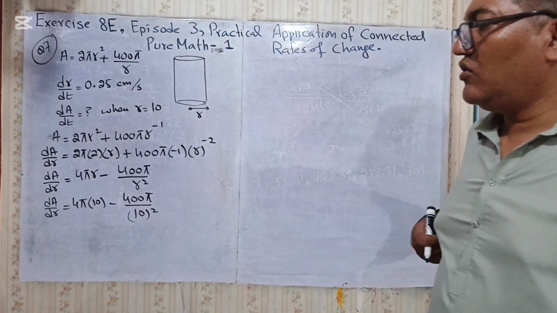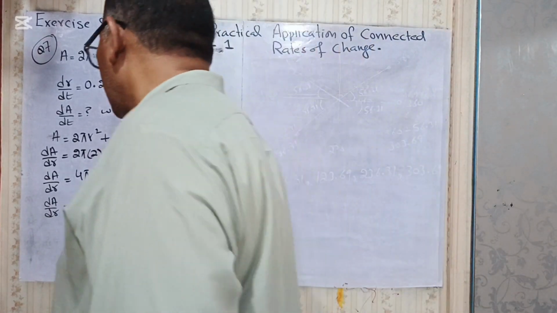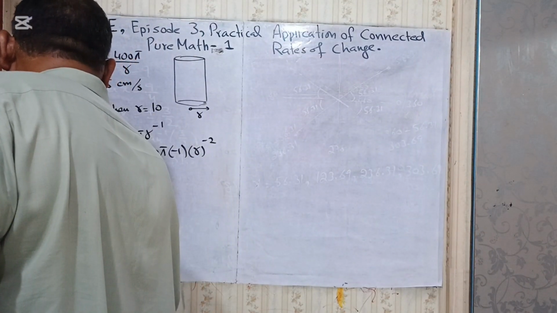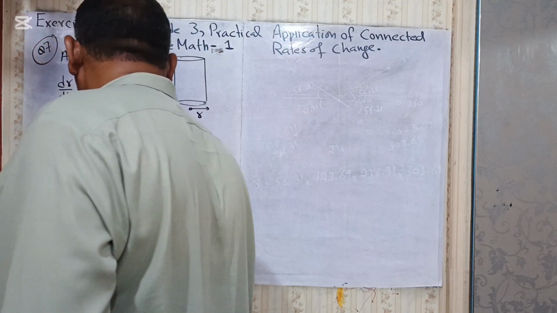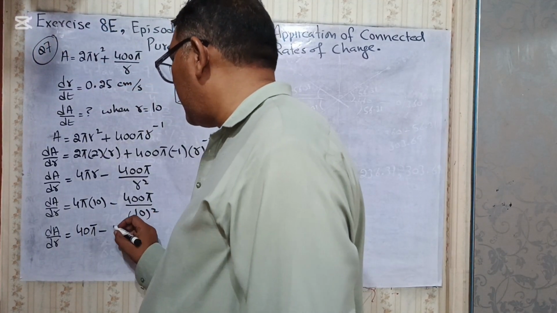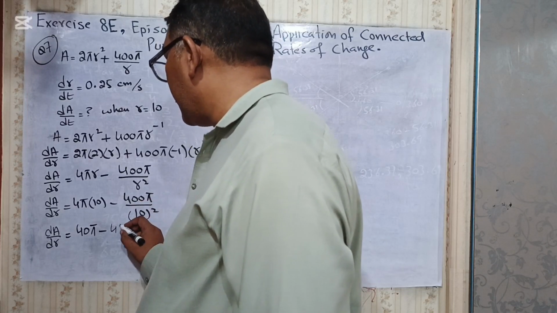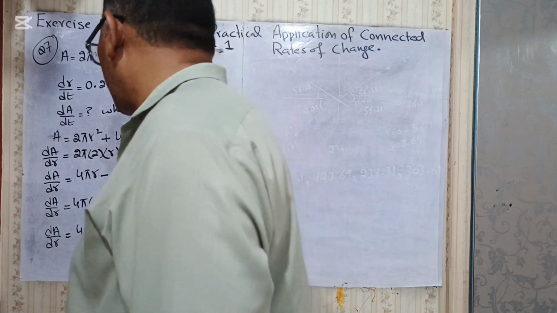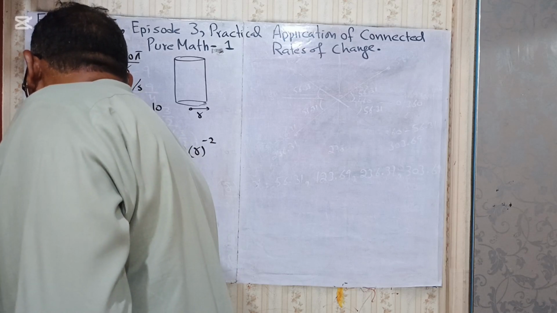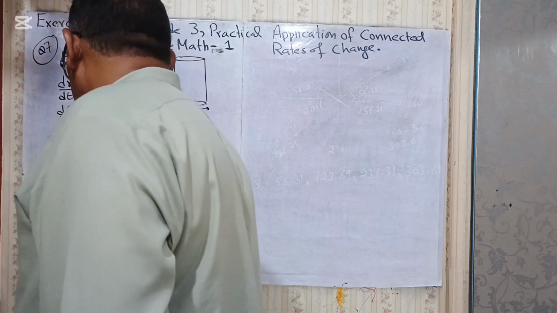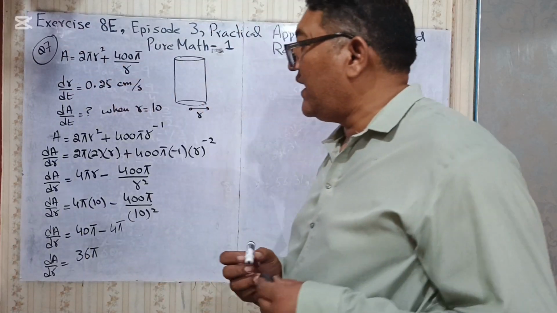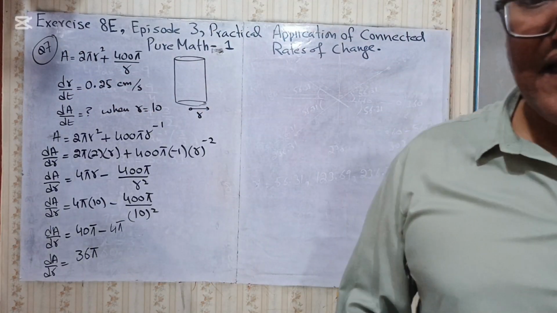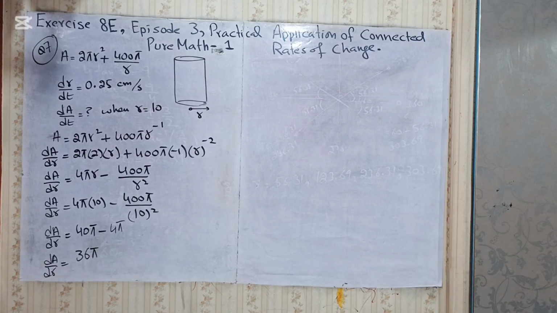So this will become 40 pi minus, the 100 and 400 will be cancelled. You are left with 4 pi. So 40 pi minus 4 pi, that's 36 pi. So when r is equal to 10, the dA by dr value will be 36 pi.